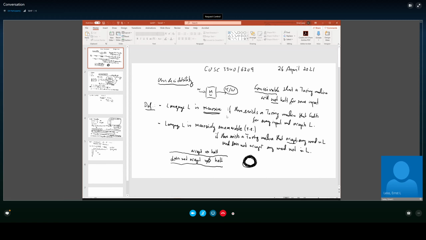Does that clarify something? That clarifies a little bit more than before, because I had been reading my notes and I thought I had just written it down confusingly. So basically, if a language L is recursive, then the Turing machine will halt for every input, but it also just happens to accept that language.